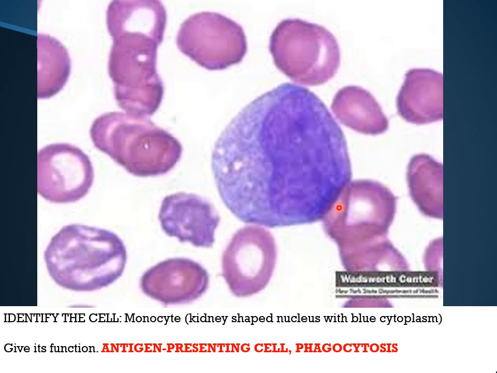Another cell is your monocyte, and monocyte is characterized by the kidney-shaped nucleus and blue cytoplasm. And this is the largest cell in your bloodstream. Ano ang function ng monocyte? This is used as an APC. Ano yung APC? Antigen presenting cell. So, it will detect your antigens.